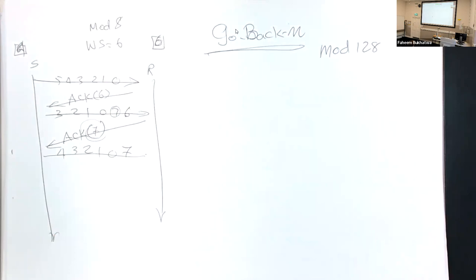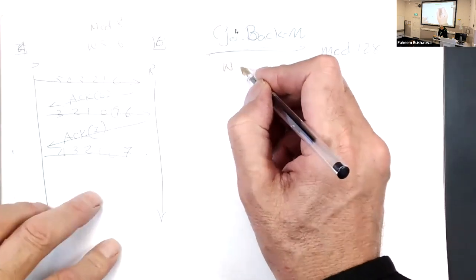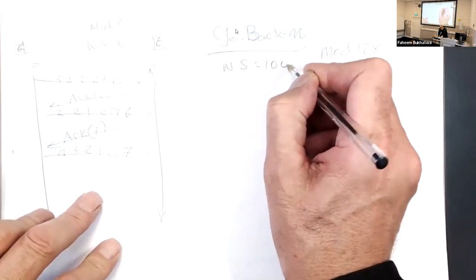The sender and the receiver will use the numbers from 0 to 127 and then recycle them. When they get to number 128, they go back to 0 and recycle the numbers. That's modulo 128. And let's say we decided to use window size equals 100.